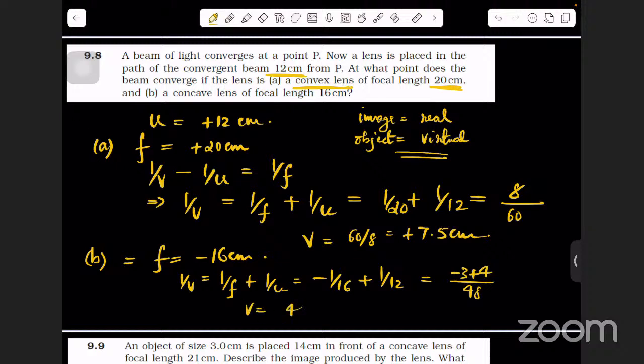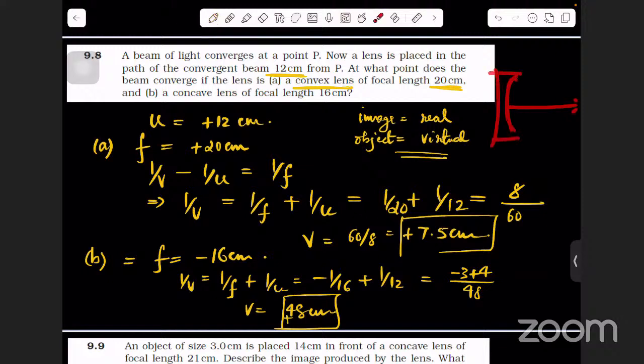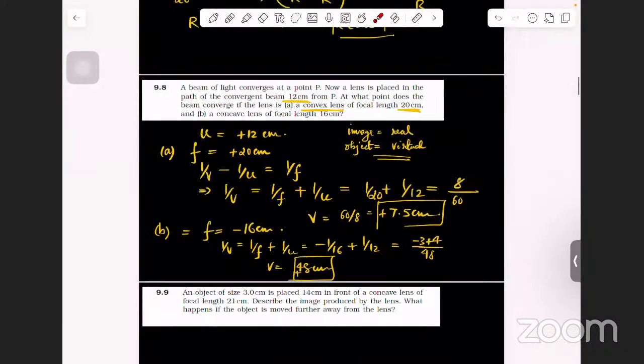So we will get it as plus 48 centimeters. So from the concave lens it will be 48 centimeters. The point P was 12 centimeters from the lens, so from this point the convergence point will be 36 centimeters. All right. So this is the answer.